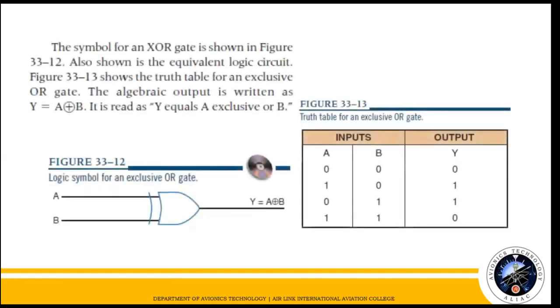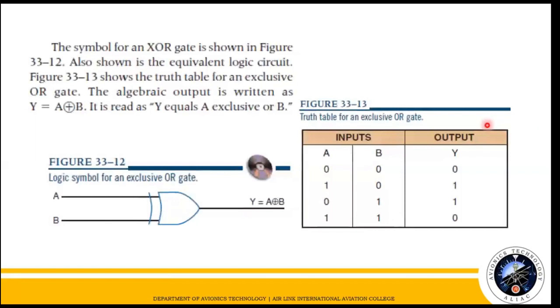So here, the symbol of XOR gate is shown in the figure. Also shown are the equivalent logic circuits and the truth table for an exclusive OR gate. So the algebraic output is written as Y equals A exclusive OR B. Yeah.